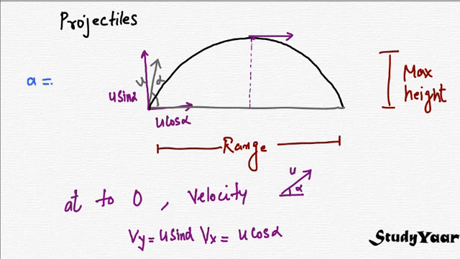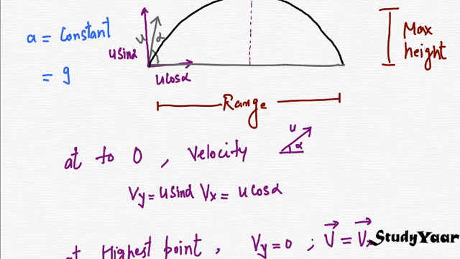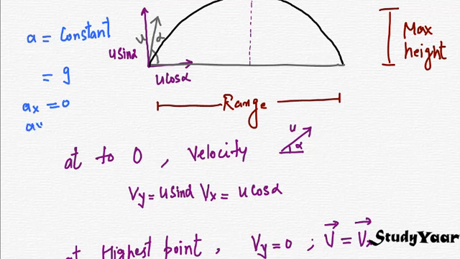My acceleration is constant and is equal to g. I can also have rectangular components of my acceleration, and I realize that ax is equal to 0 and ay is equal to minus g.